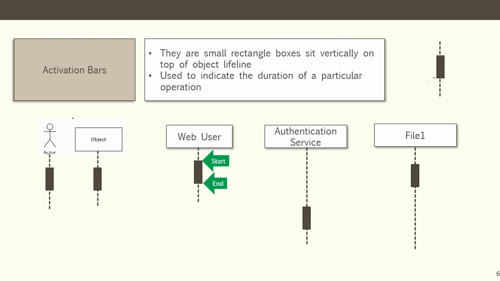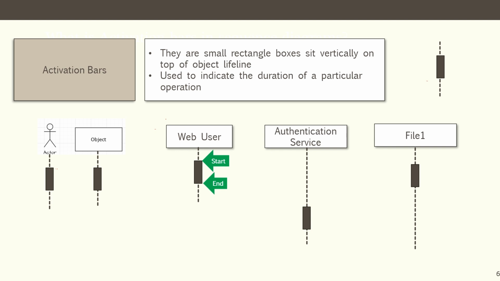If you look here, I have two objects. One is the actor and the object that have a start of activation bar and the end of an activation bar. And here I have another object, which is a web user, which has start and end. We have an authentication service that can also have an activation bar. We have a file that has an activation bar.